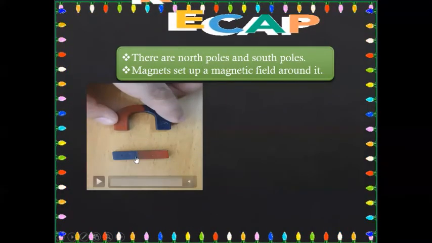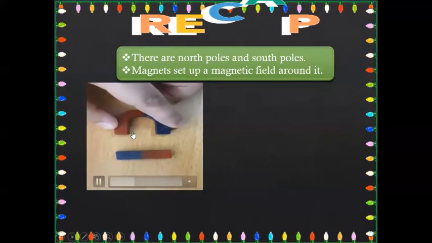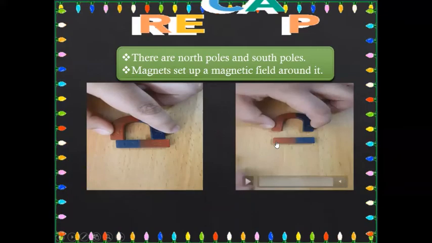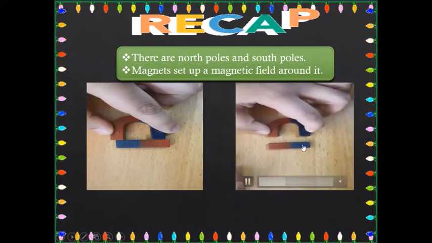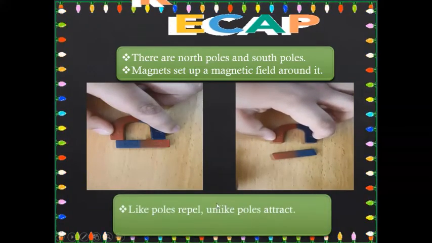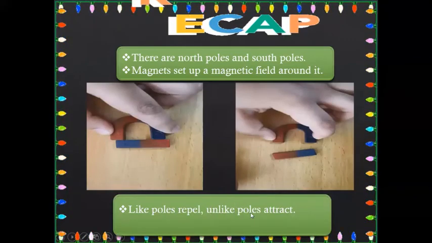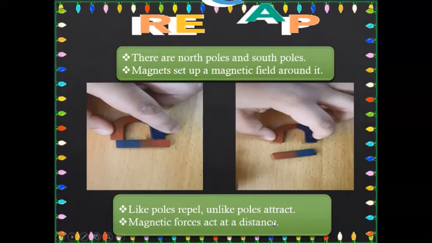If I have two magnets and I bring different poles near each other, they have an attractive force. And when we have the same poles near each other, they have a repulsive force. So like poles, same poles, repel, and unlike poles, different poles, attract. So magnetic force acts at a distance.